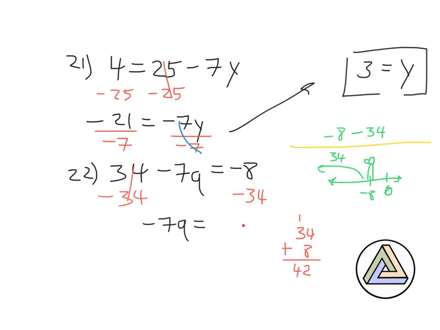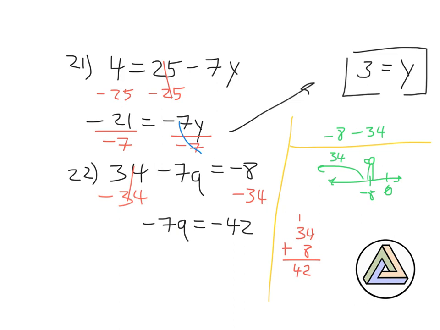So negative 8 minus 34 is going to be not positive 42, but negative 42. All right, hopefully that makes sense.